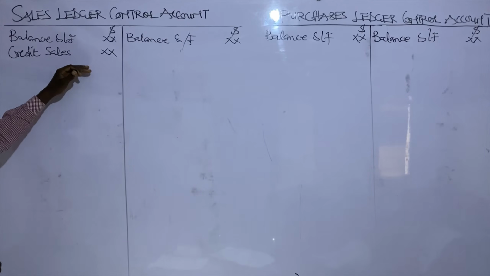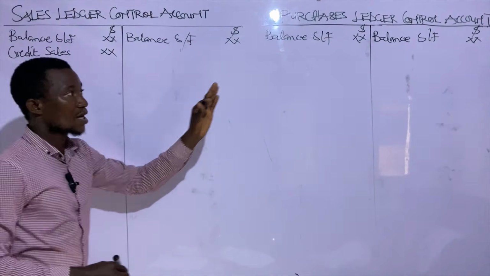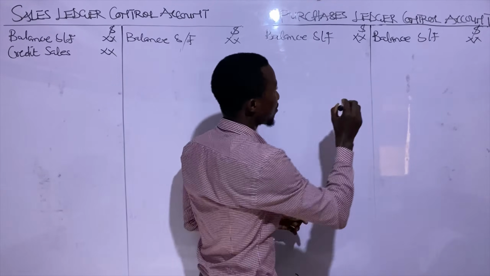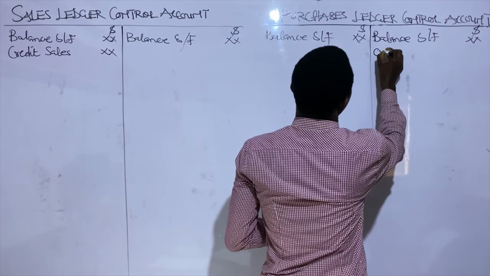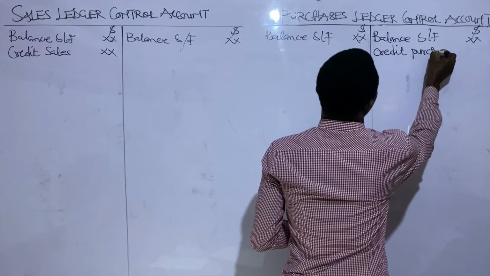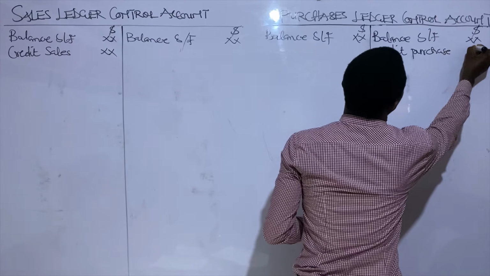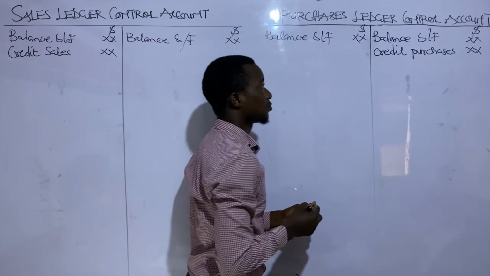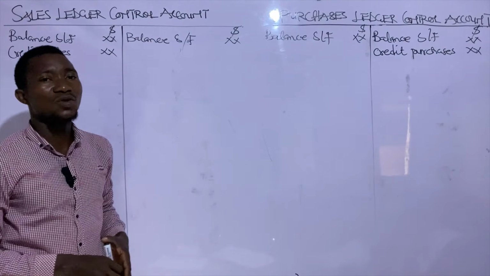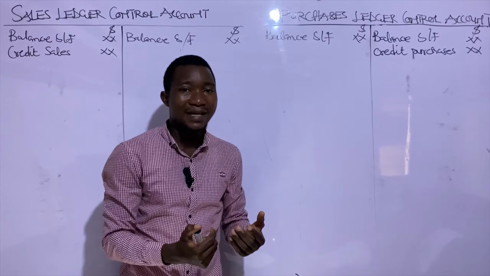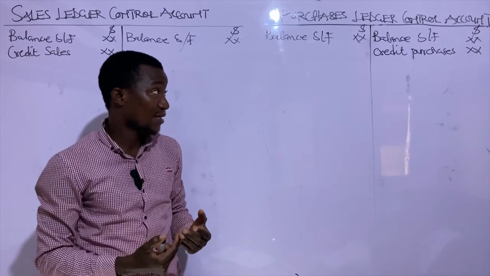The opposite of credit sales is credit purchases. Credit purchases will be credited to this account. And there is a reason. Credit purchases is a situation where the business has purchased items from its suppliers on credit.